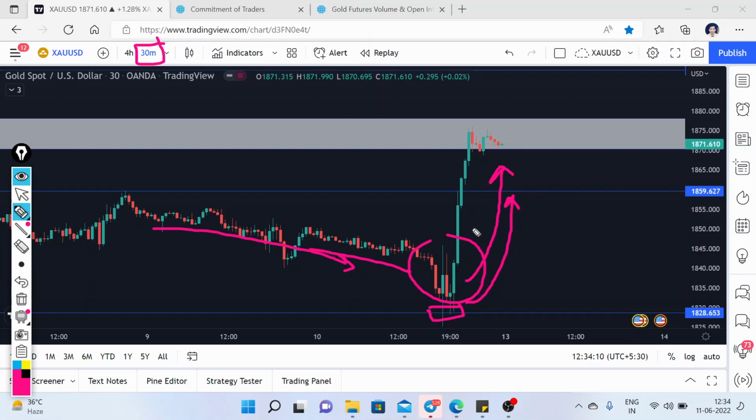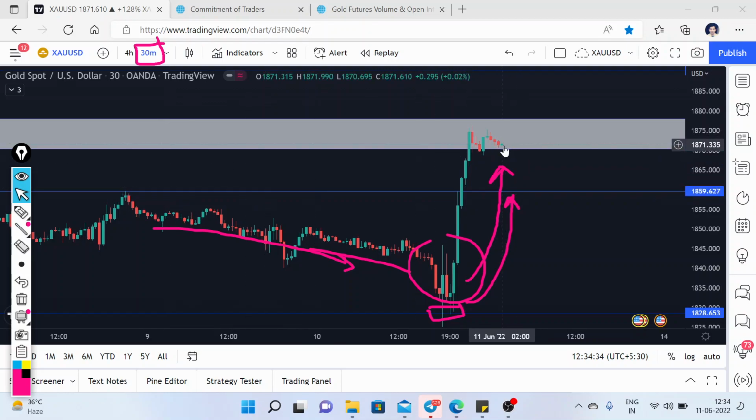So what are the possible moves that we can consider for the upcoming trading session, and what are the levels? As you can see, this is the support, and from this support we have seen a good boost of price. And at the price level of 1860, we already discussed that this level is also a good support.